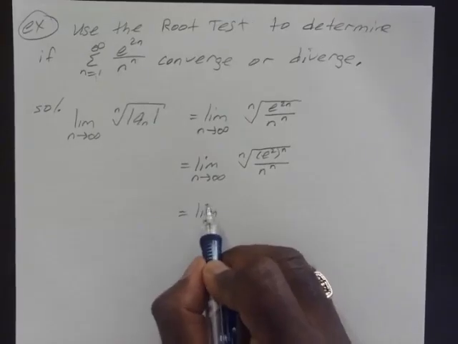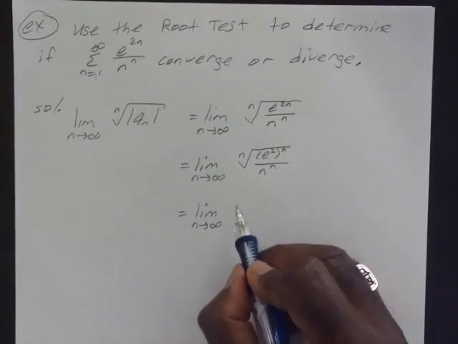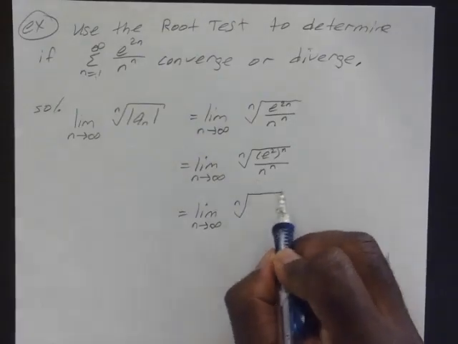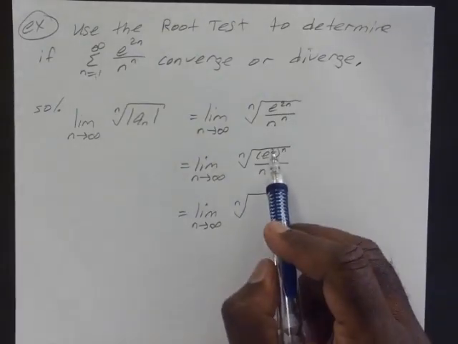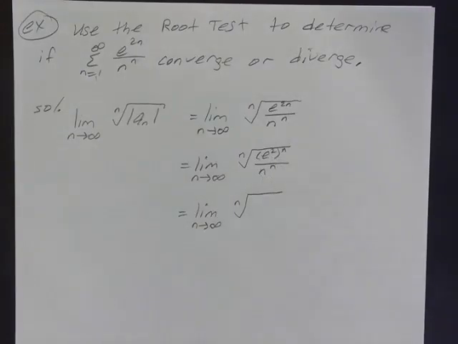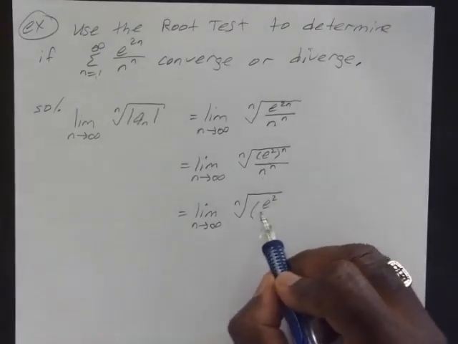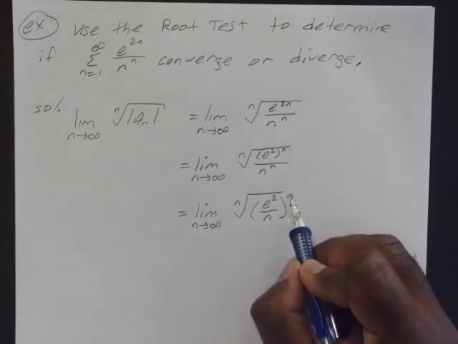Since e squared and n are both raised to the power of n, we can just combine them: e squared divided by n, all to the power of n.